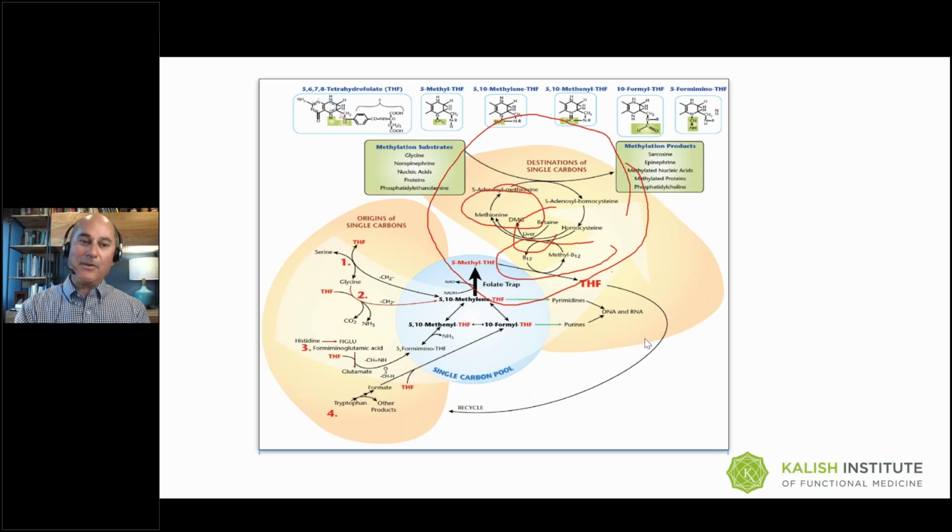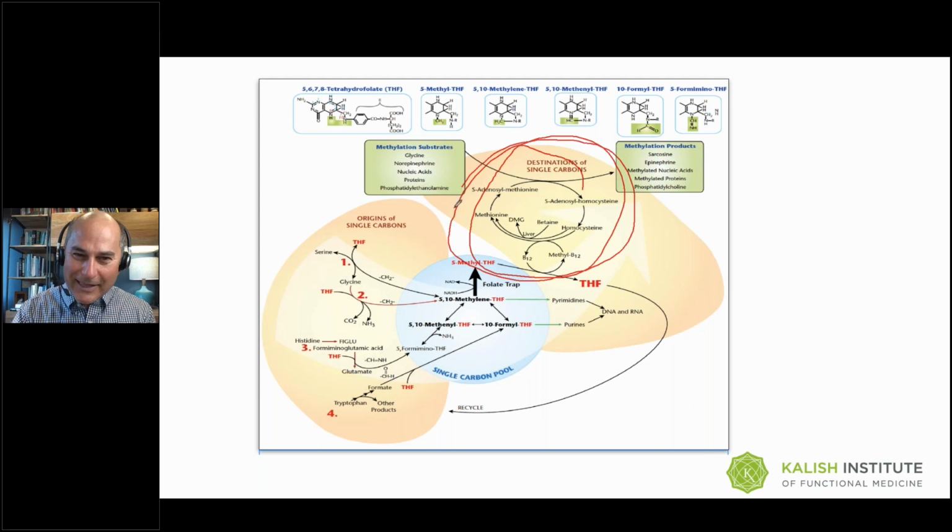But this diagram was used by Dr. Lord when he was training me to open up my eyes. Methylation was like this circle for me, and he's like, let's look at this diagram, kid. And he's in his 80s, right? I'm in my 50s, so anyways, I'm a kid to him. Hey, Kalish, let's look at this diagram. You've got to think about the amino acids too, because that's where the carbons are coming from.